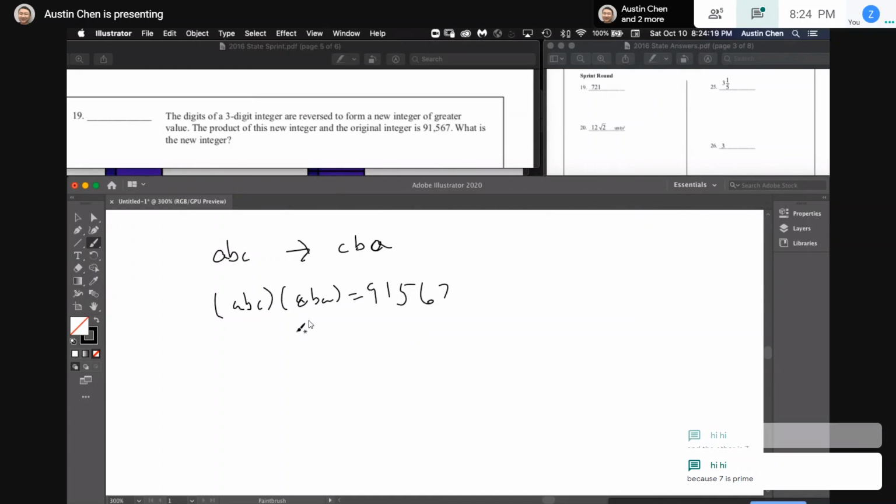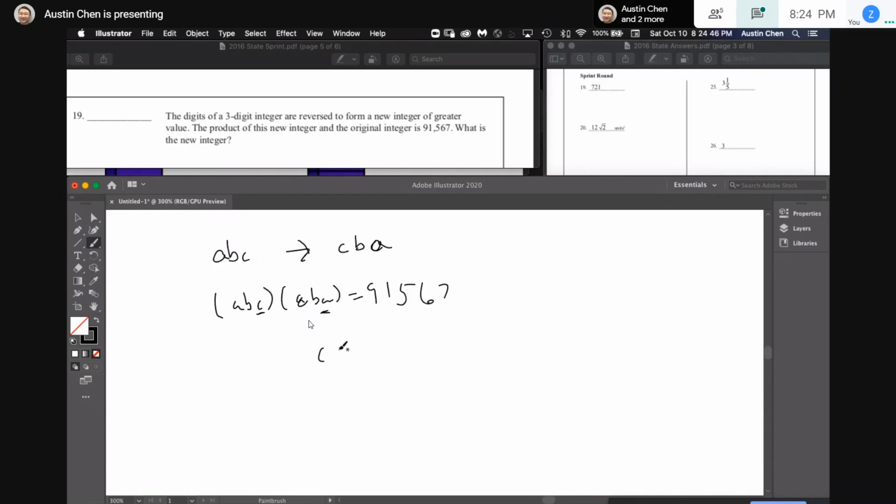C times A doesn't have to be necessarily 7, right? Like C times A can also be like 27, and the units digit would still be 7. So if we look at units digits, we see that C times A has to be some number with a units digit of 7, right?